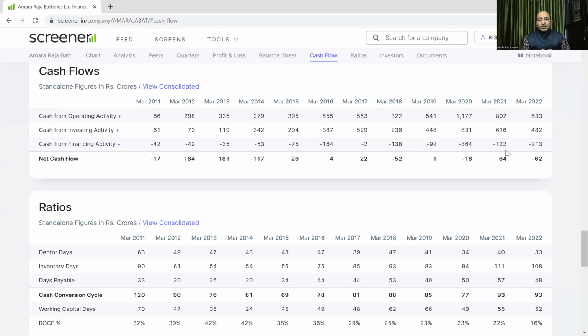This investing activity can be negative or positive. It does not matter much, but we have to see why it is positive or negative. It can be negative because money is going outside to purchase a building. That is why it is showing negative, because cash is going out of the business.